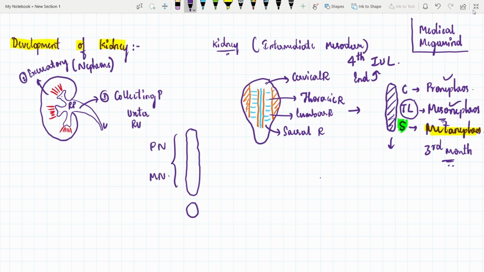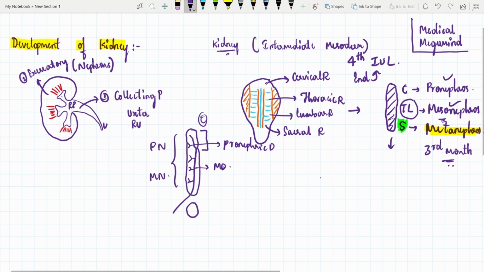If you see inside of this, you can see the ducts. These are nothing but the upper part present in the cervical part called pronephros, that is going to degenerate. This is called the pronephric duct. And the duct of mesonephros is nothing but the mesonephric duct. Simple as it is.